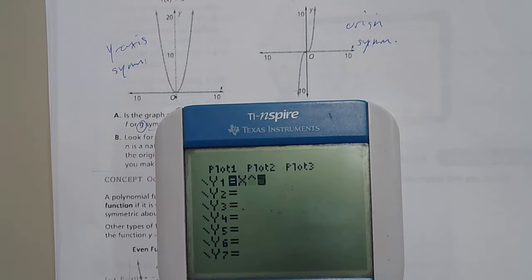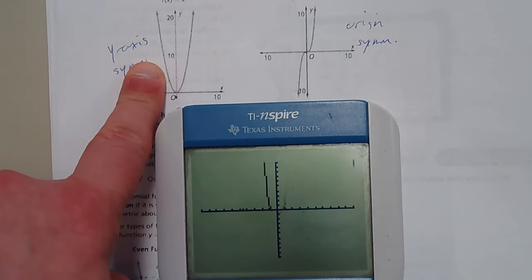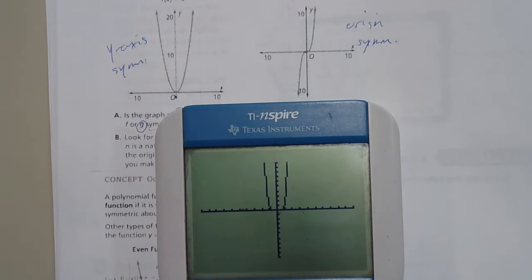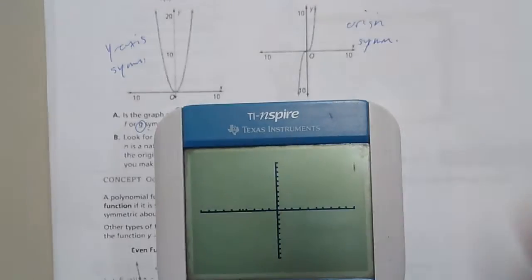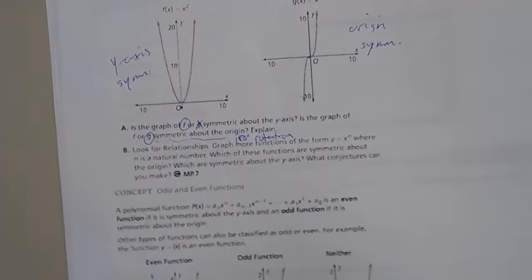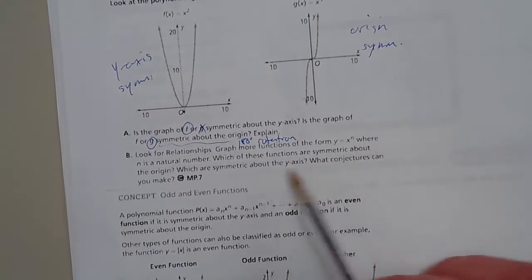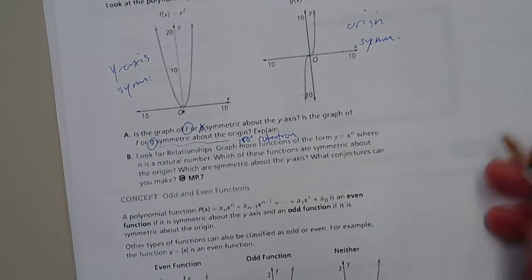And what you're going to notice is it alternates. Anytime we have an even degree, it's going to look like this. Okay, it's always going to have y-axis symmetry. And anytime it has an odd degree, it's going to have the 180 degree symmetry. If I rotate this 180 degrees, boom, still the same graph. Okay, so that's the idea here. When it says, which of these functions are symmetric about the origin? Which are symmetric about the y-axis? What conjectures can you make?